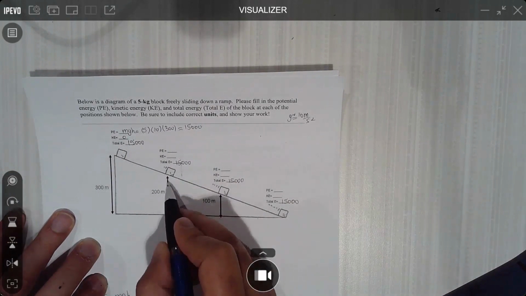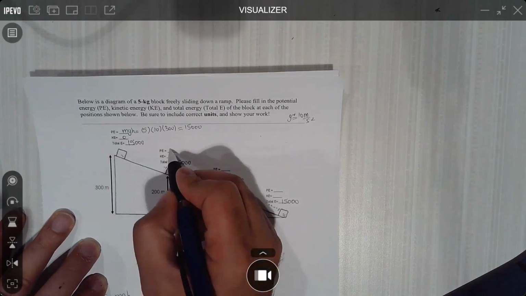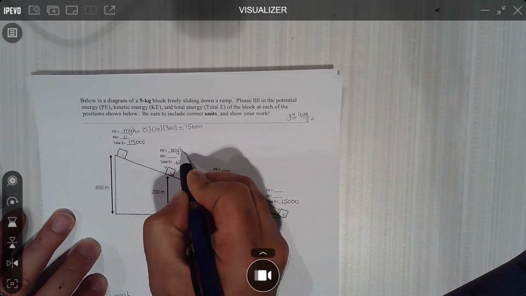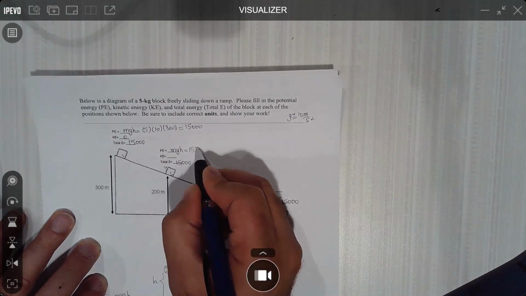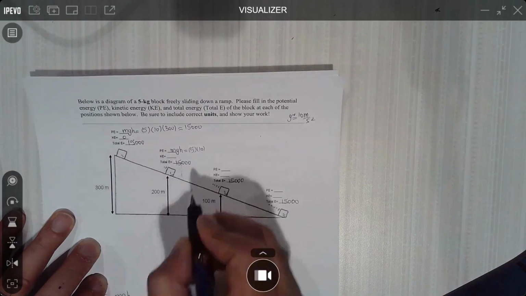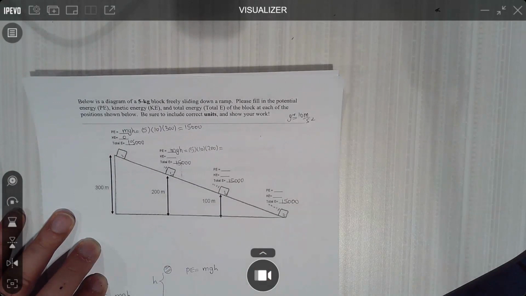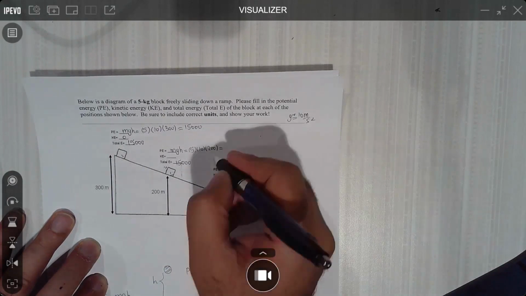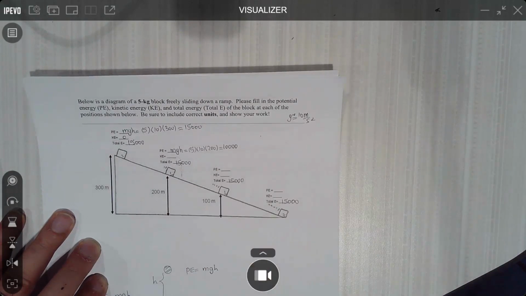When the object is 200 meters above the ground, I can calculate the potential energy. Potential energy is going to be mgh. What is the m again? It is 5, g is 10, and h is 200. When you multiply all these, it's going to be 10,000. Okay, how can we calculate the kinetic energy here?